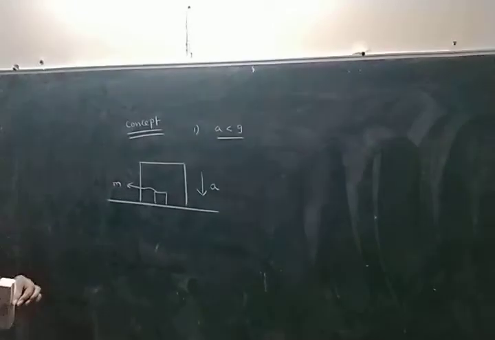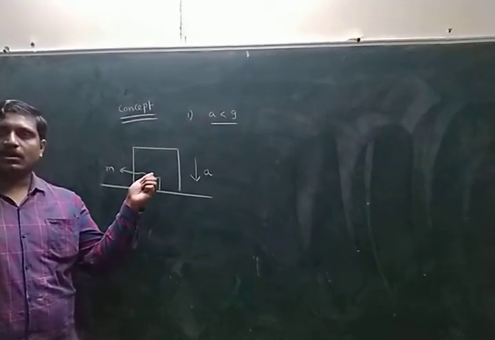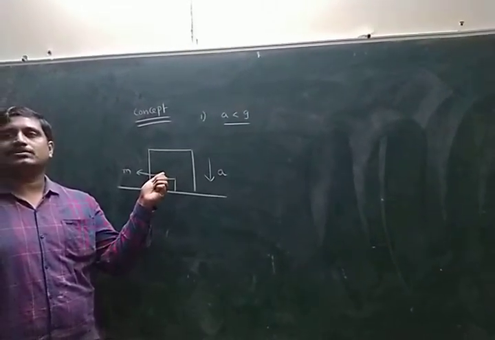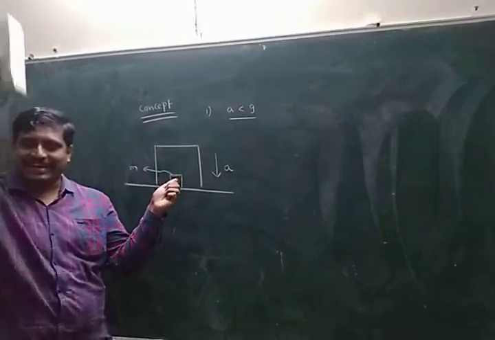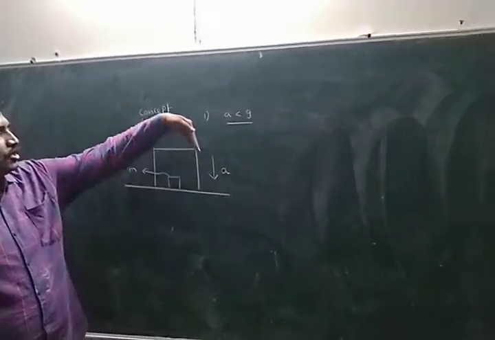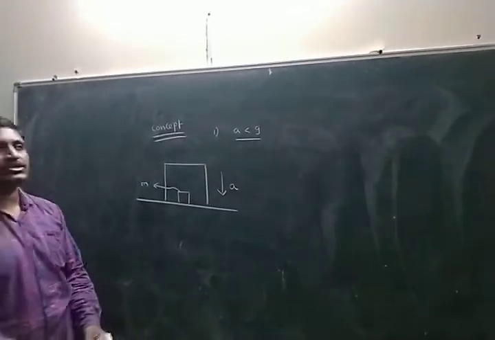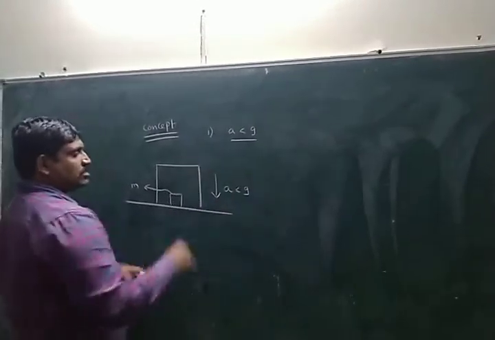Very important concept, look here. A body of mass small m is placed inside the lift. Initially, the lift is at rest, and next it will be descending downward with acceleration a. Its value is always less than g.